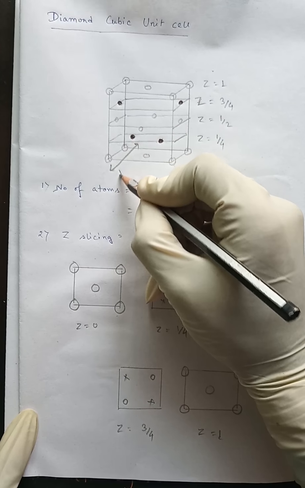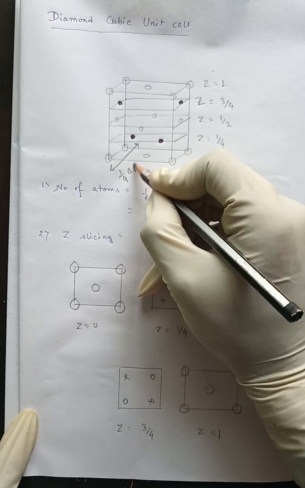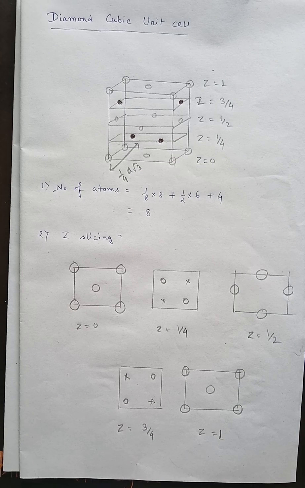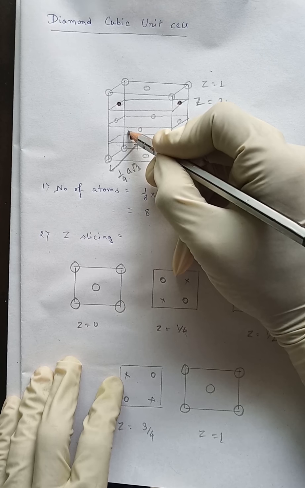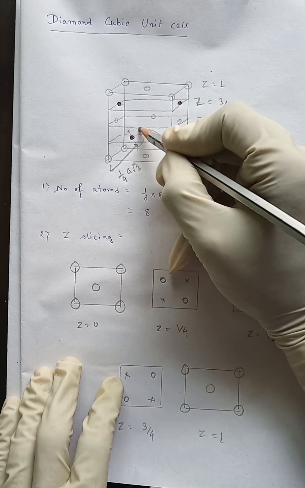This distance, 1/4 of the a root 3, and we are just considering half of this atom. So actually the atoms are occupying like this, okay?